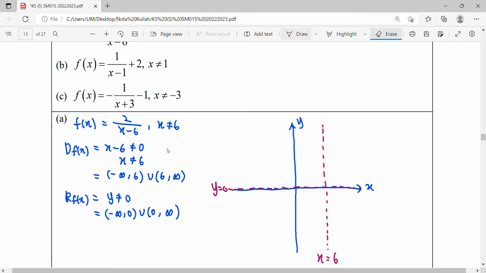We can notice that our rational is positive. A positive coefficient means it will occur in quadrant 1 and quadrant 3. So draw out our reciprocal graph. The graph will get close to the asymptotes, then you curve. So let's lengthen our x-axis a little.